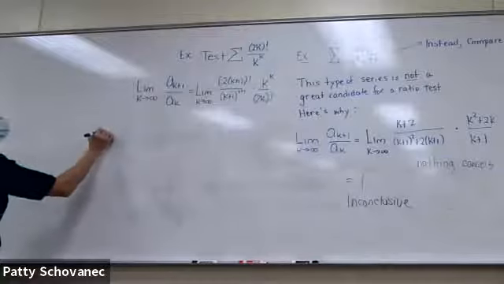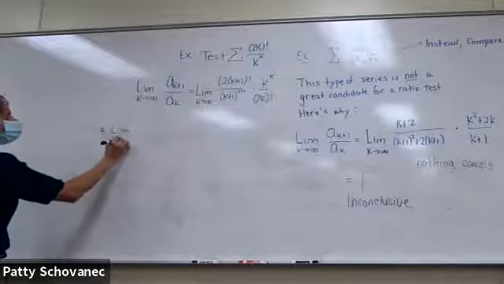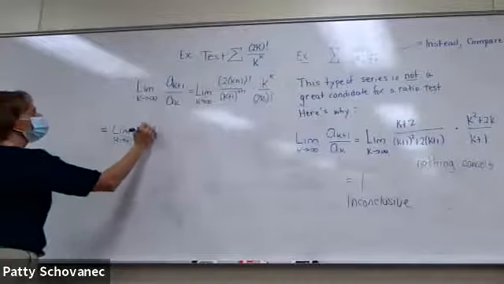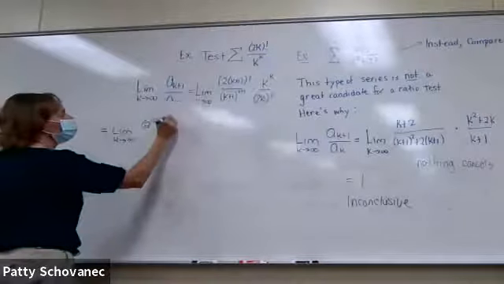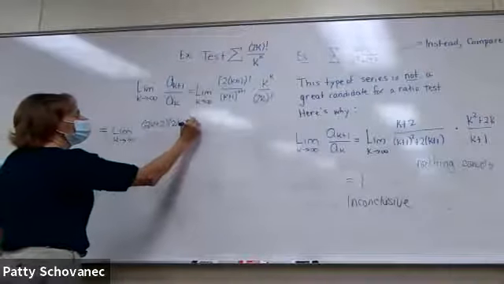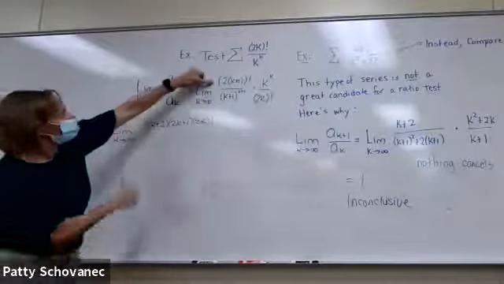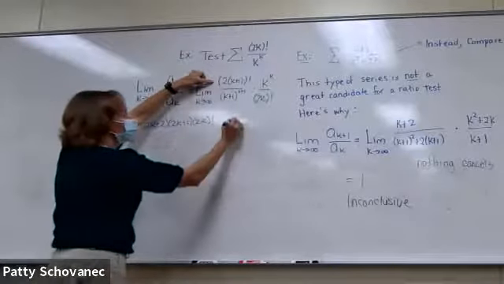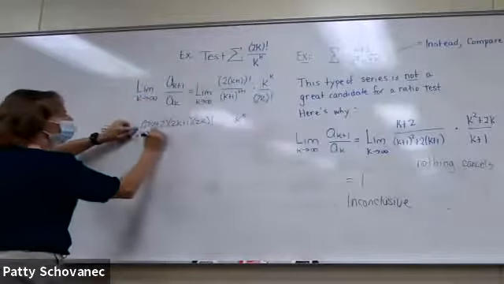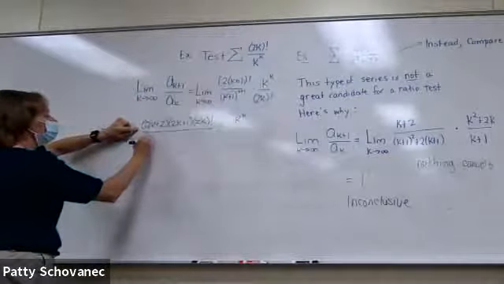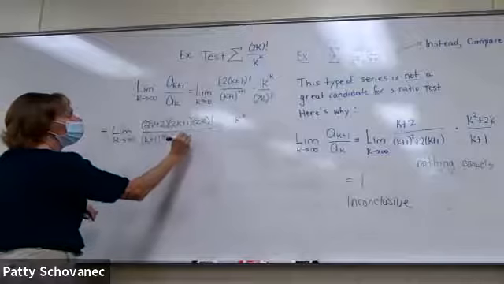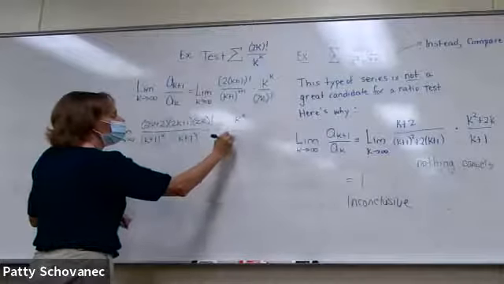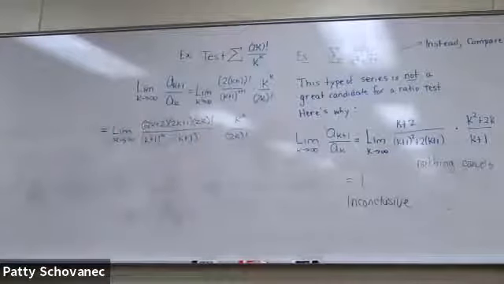And so this is a 2k plus 2 factorial, which looks like 2k plus 2 times 2k plus 1 times 2k factorial. That's what that simplifies to. We'll leave that as k to the k. I'm going to rewrite this as k plus 1 to the k and k plus 1 to the 1. And then here's my 2k factorial. So cancel the 2k factorials.